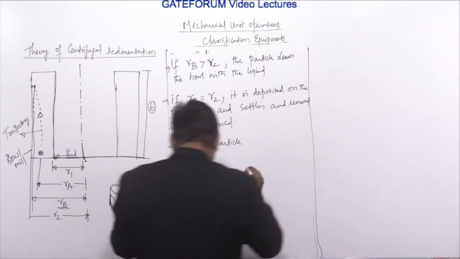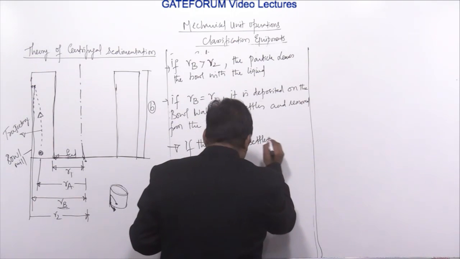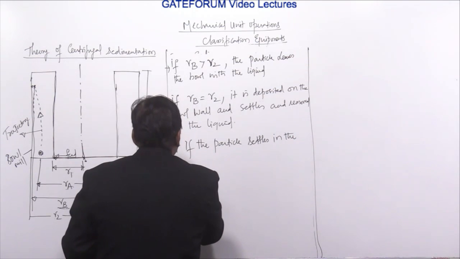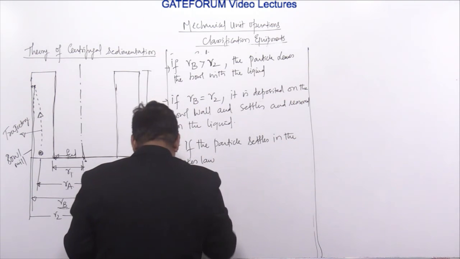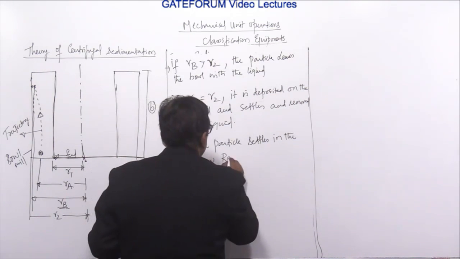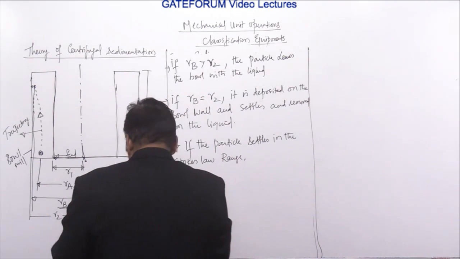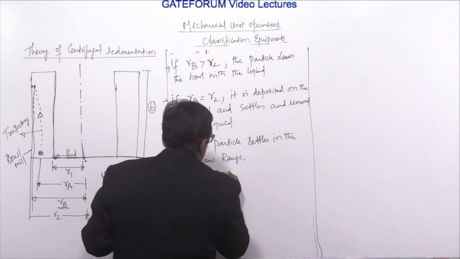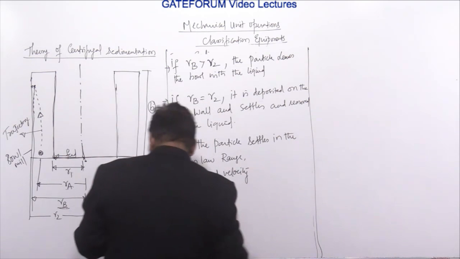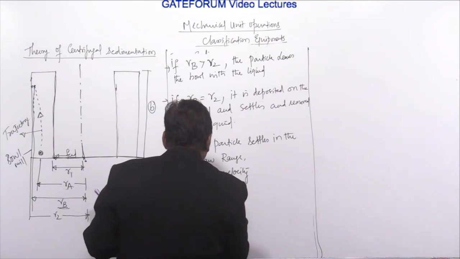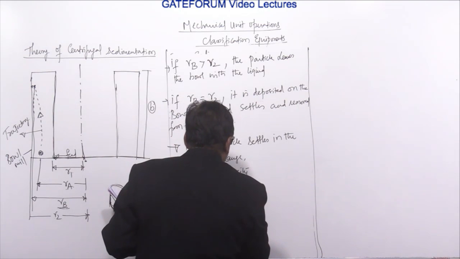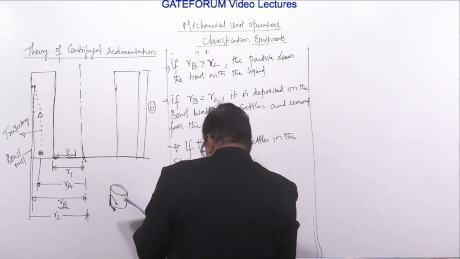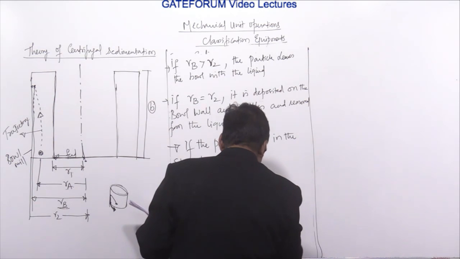If the particle settles in the Stokes law range, the terminal velocity ut is equal to omega square r into rho p minus rho by 18 mu dp.